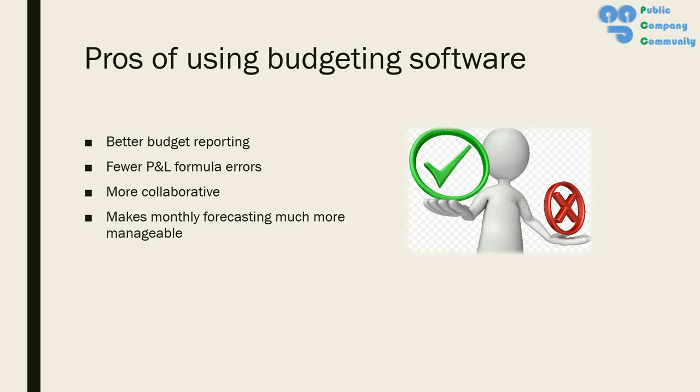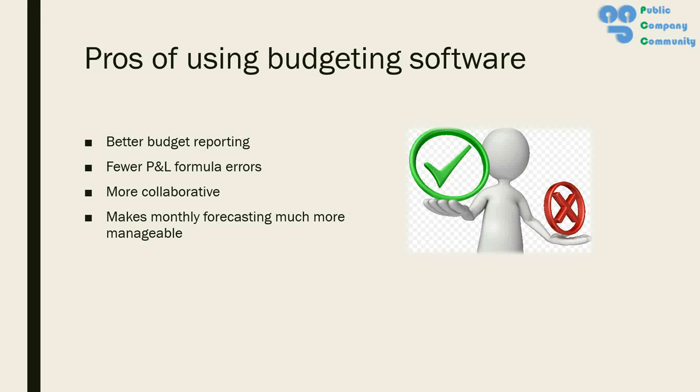So getting the reports that you actually need out of the budgeting software is going to be way easier versus using Excel. Another thing is with Excel, you're going to have formula errors that you need to be very careful of. And so it's much less likely to have these types of formula errors if you're using actual software.